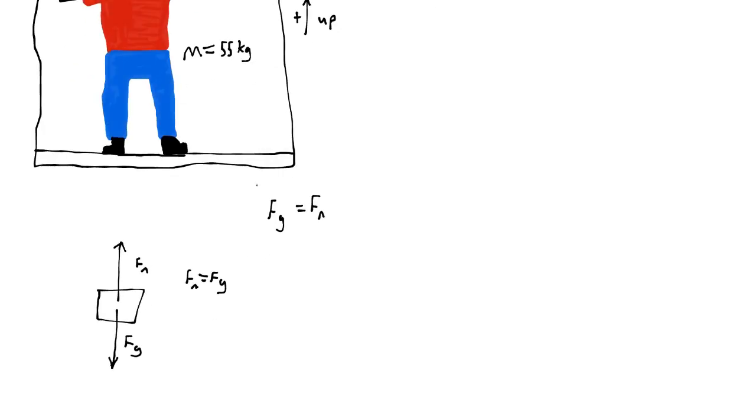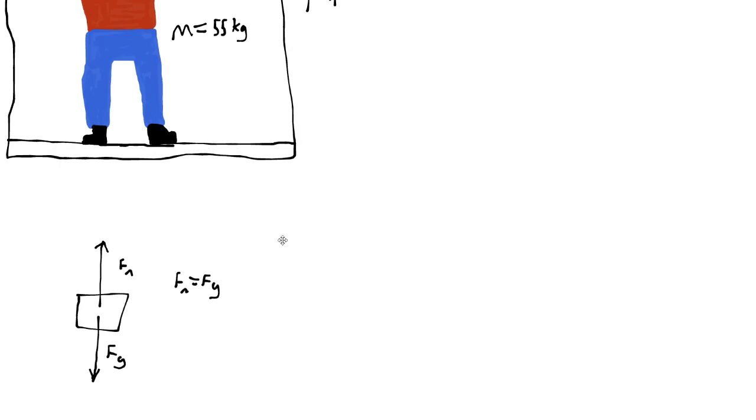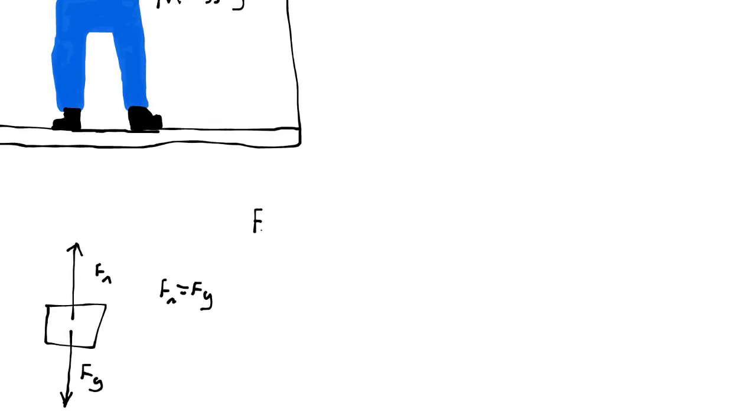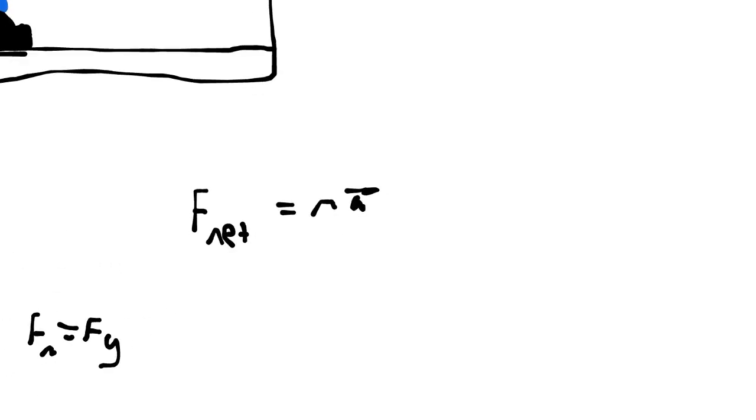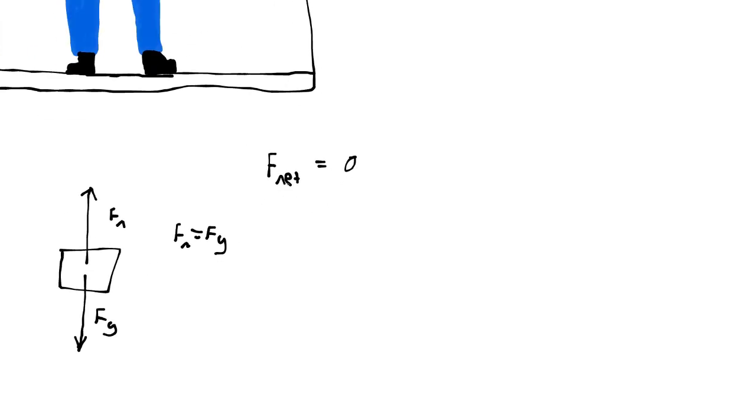Actually, instead of using this one right here, let's use Newton's second law. F net equals mass times acceleration, right? And there's no acceleration, so we can take this out. So it equals 0. And the sum of all forces also equals F net.